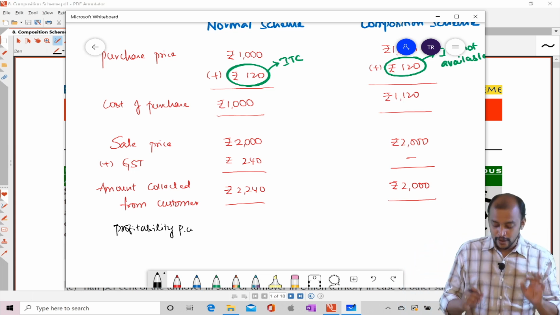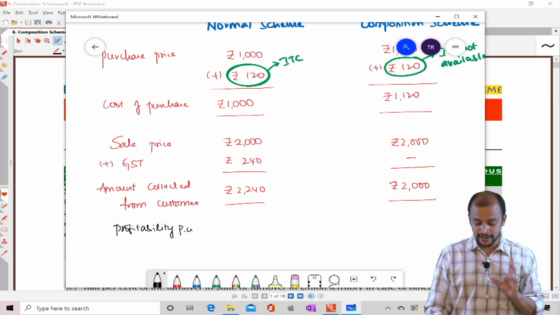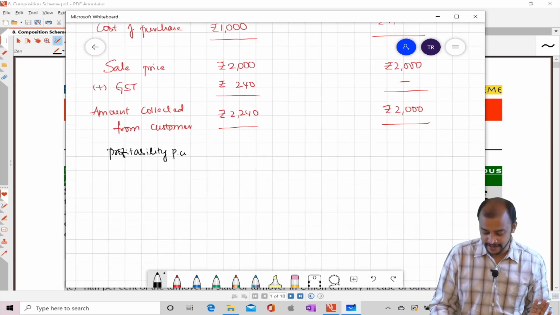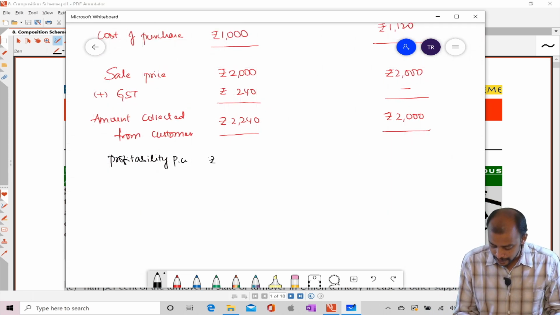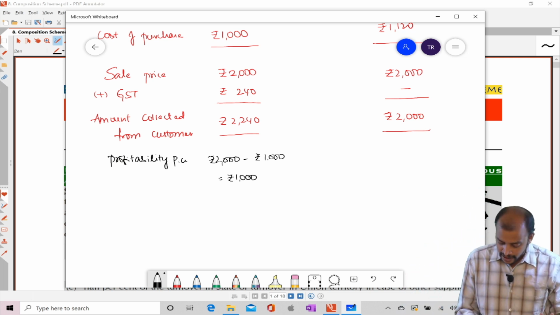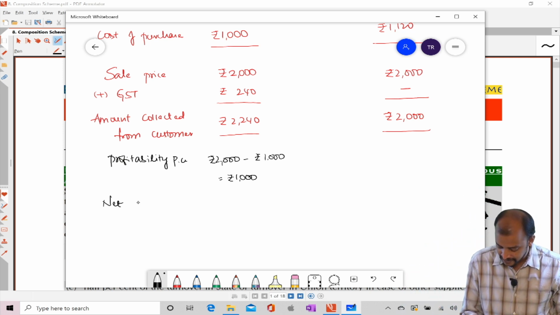So therefore, what will be the profitability per unit? 2000 rupees minus 1000 rupees, that will be my profitability, that is equal to 1000. What about the net GST payable?